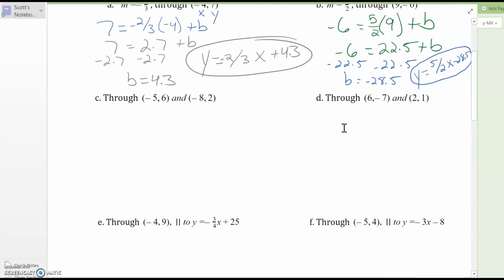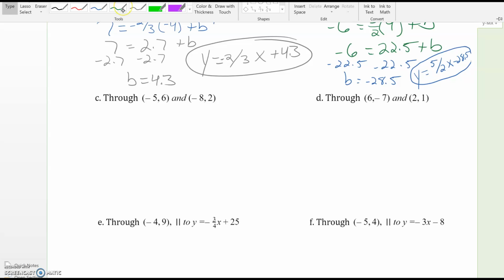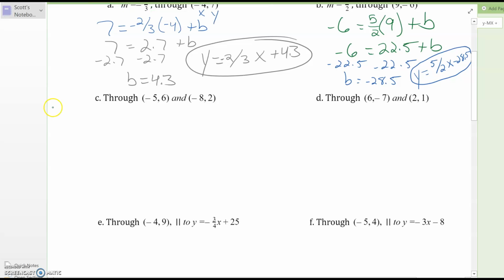All right, so for this next one, we're going to have to use our slope formula. M equals y2 minus y1 over x2 minus x1. All right, so I'm going to go, these are my x's, these are my y's.